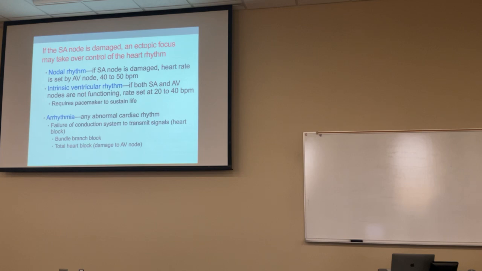Now, there are conditions that affect the conduction system of the heart that can result in what's called an arrhythmia. An arrhythmia is any abnormality of the cardiac cycle caused by a failure of part of the conduction system.